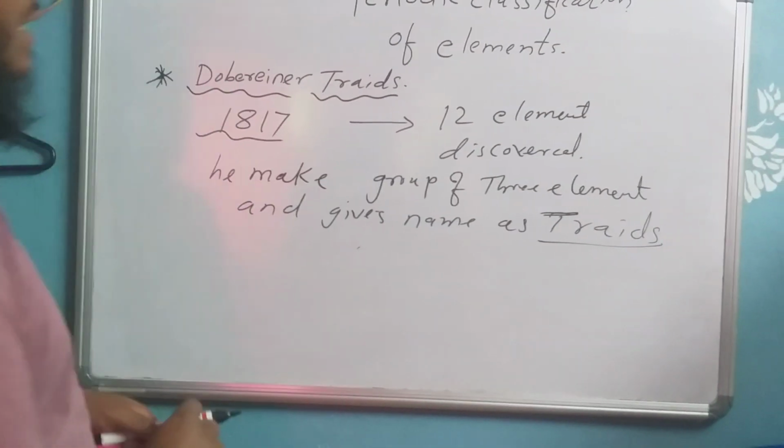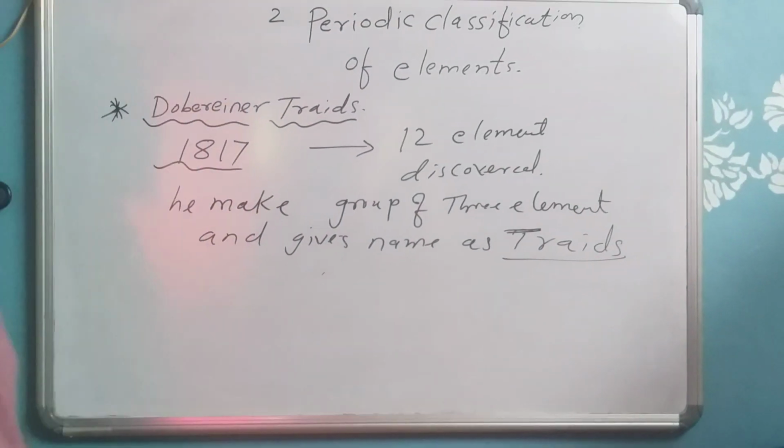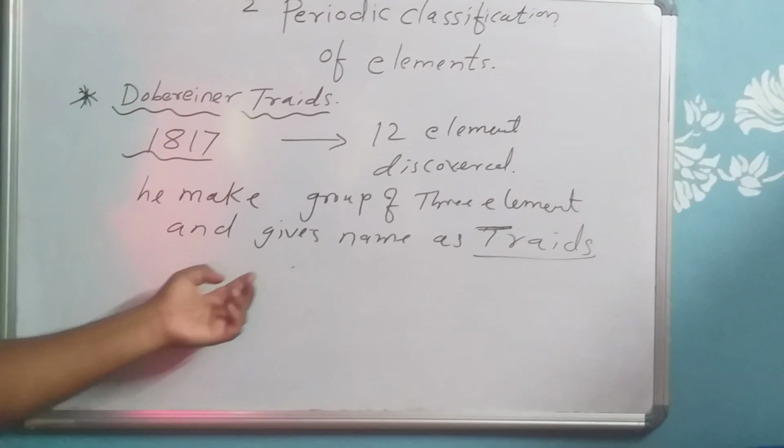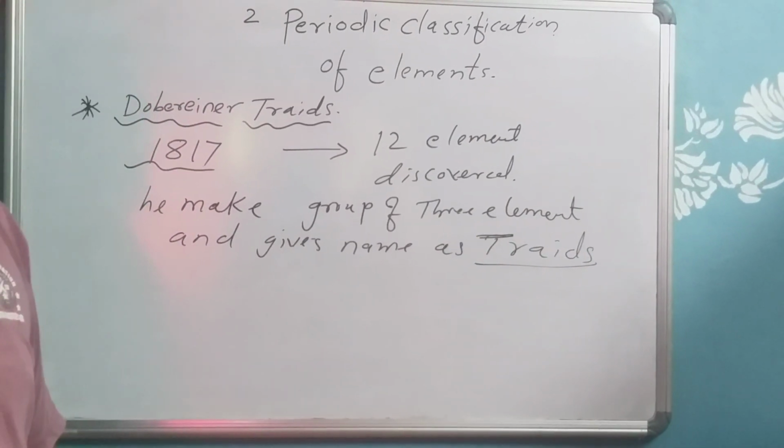Now Dobereiner gave importance to atomic mass, and he started to arrange the elements according to the increasing order of their atomic masses.